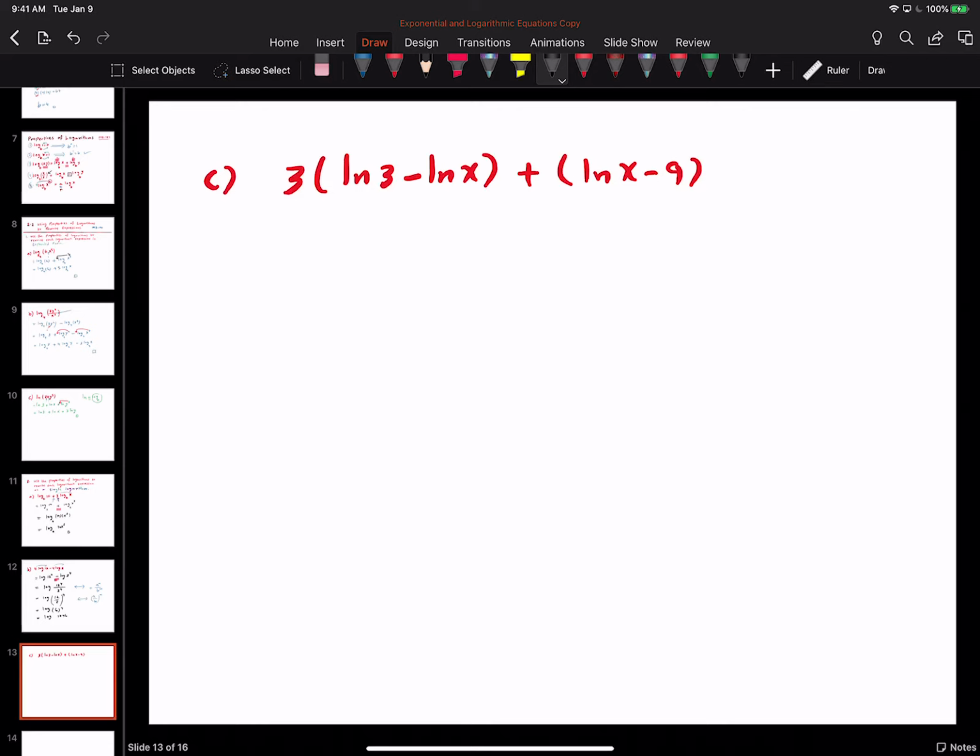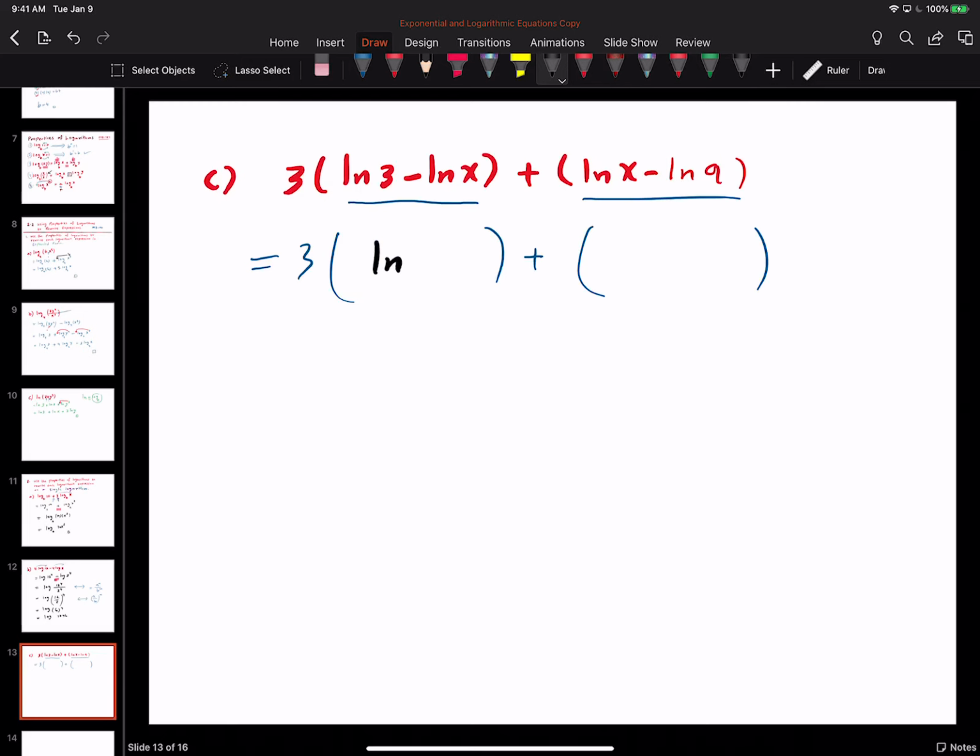Next problem. Let's rewrite this as a single form. Let's work inside right here, change subtraction to division, and this right here is ln 9 to be fixed. And now we have this. Change subtraction to fraction. Just keep them the same size, and let's work inside.